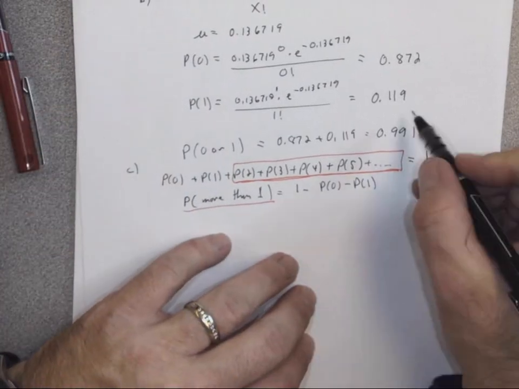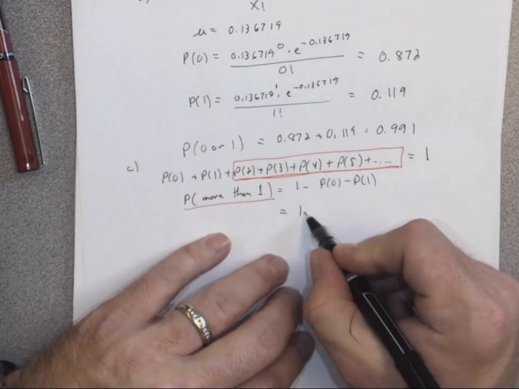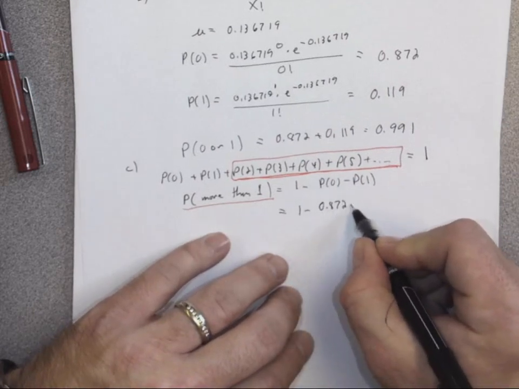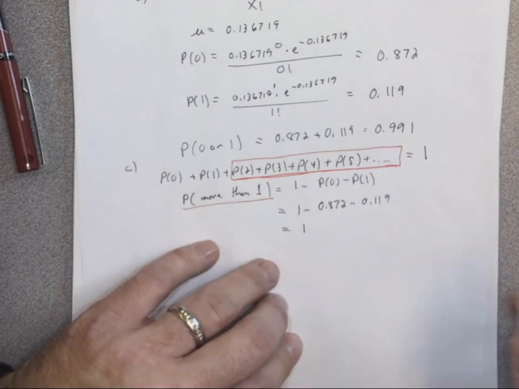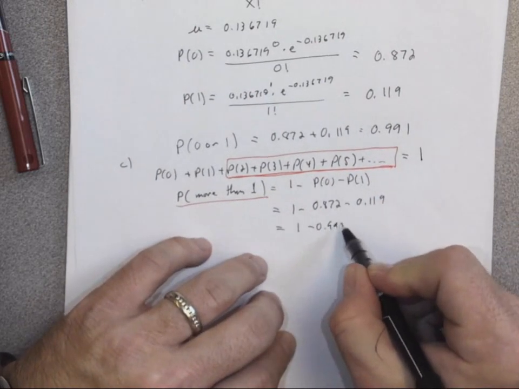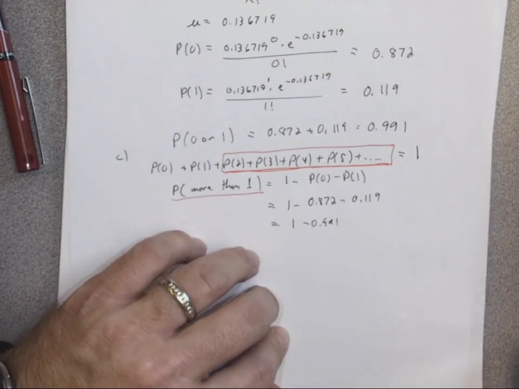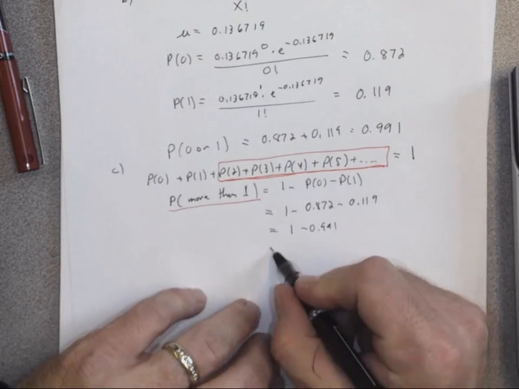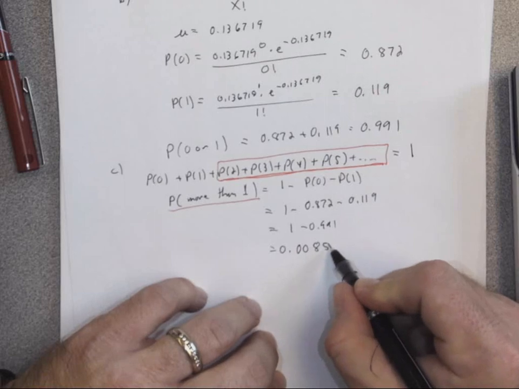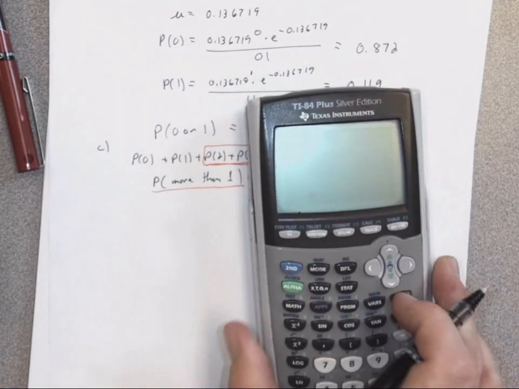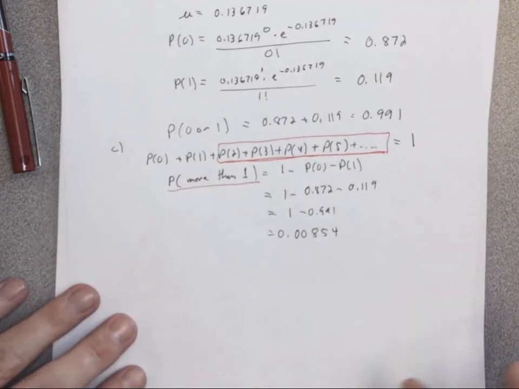So this is going to be 1 minus 0.872 minus 0.119, which is the same thing as just subtracting that, so 1 minus 0.991. 1 minus this number, I can't believe I use my calculator here, but this gives you 0.0854. So that's what we get.